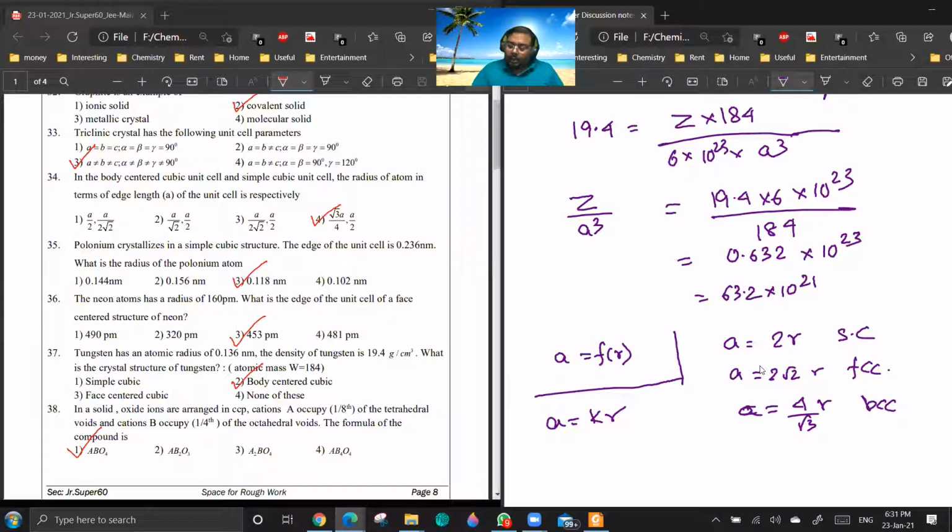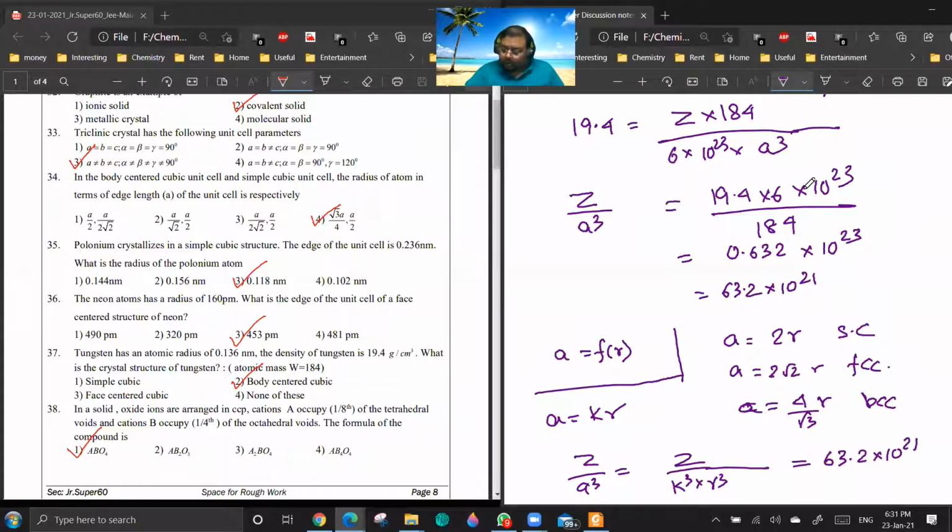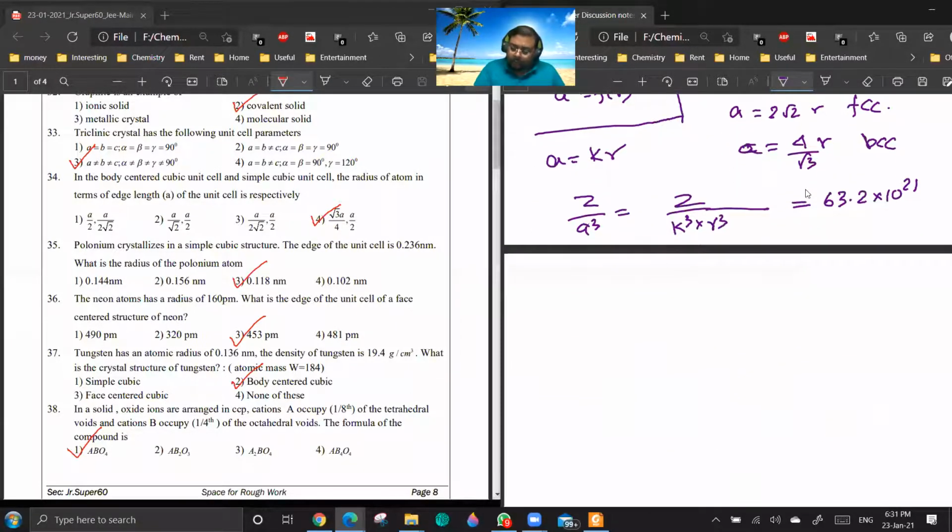So if I'm writing a as K r, then I can write Z by a cube as Z by K cube into r cube. This is 63.2 into 10 power 21. So if I'm writing Z by K cube, I am also trying to do something in this: 63.2 into 10 power 21 into the r value. What is the value of r?